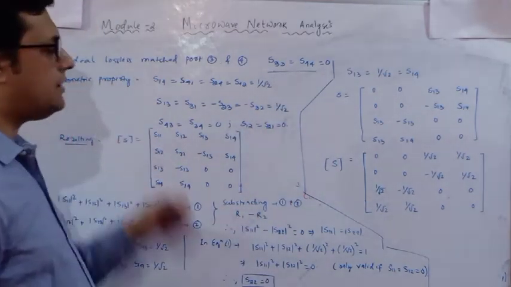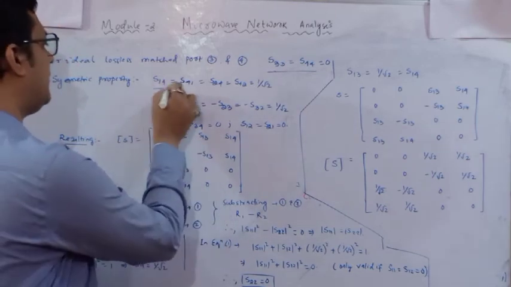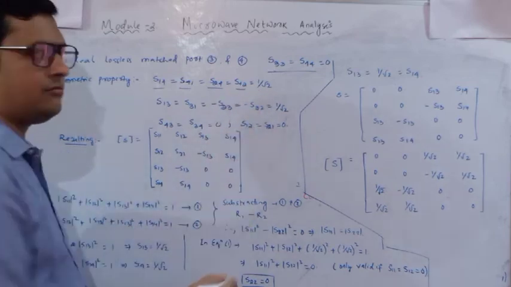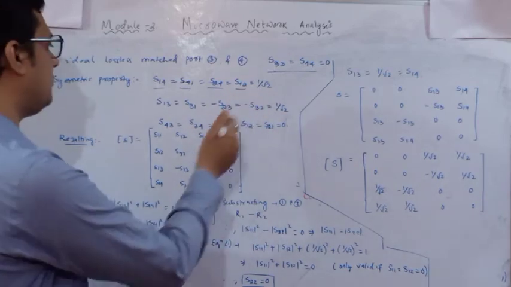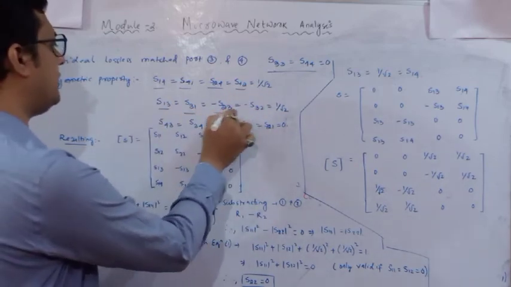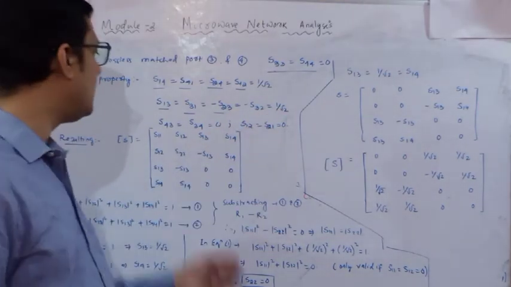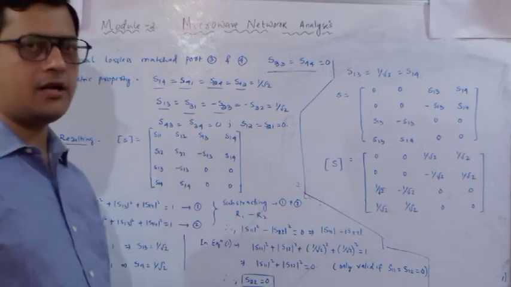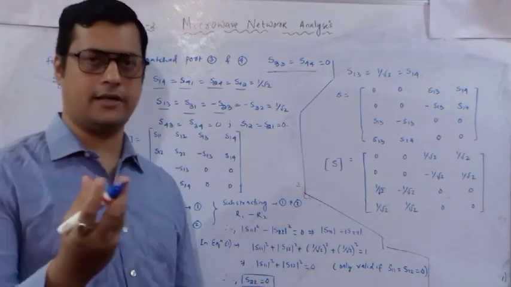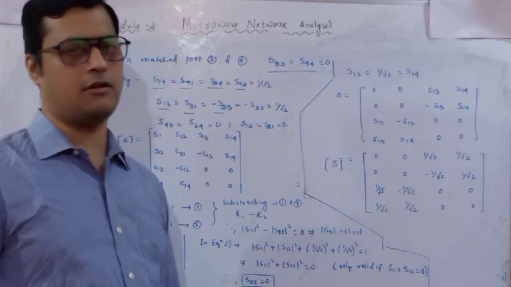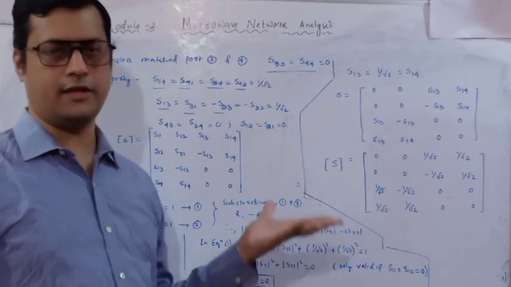Next, due to the symmetry condition, S14 and S41, S24 and S42 we took as 1 by root 2. S13, S31, which is equal to minus S23 and S32, is 1 by root 2. And S43 and S34 are not coupled with each other, so it is 0. And S12 and S21 are equal to 0, so these are called the isolated ports; the collinear ports are 1 and 2.